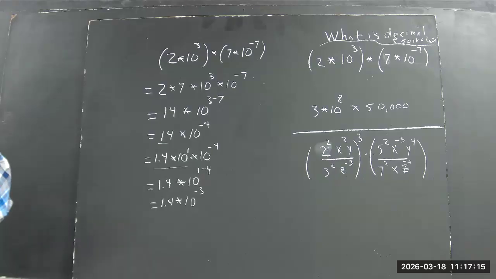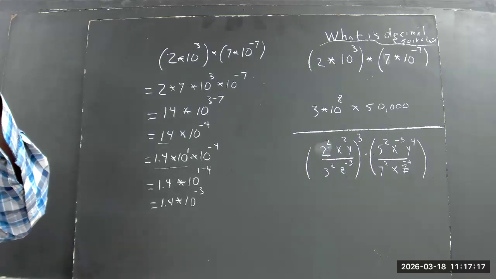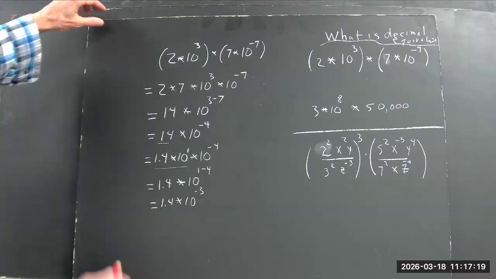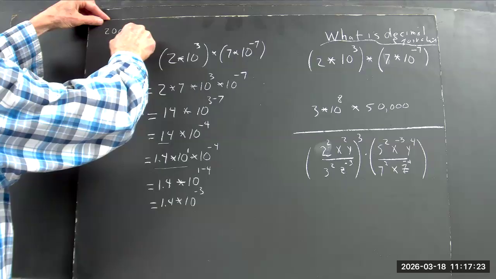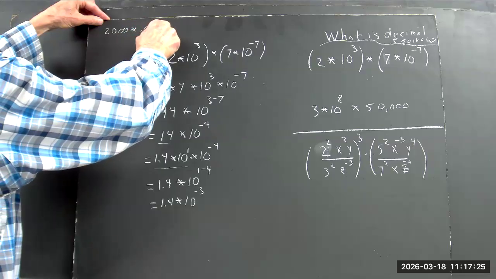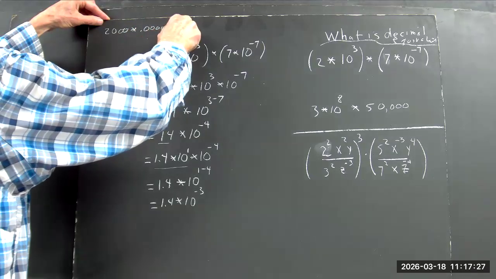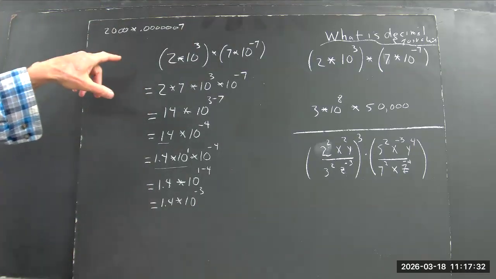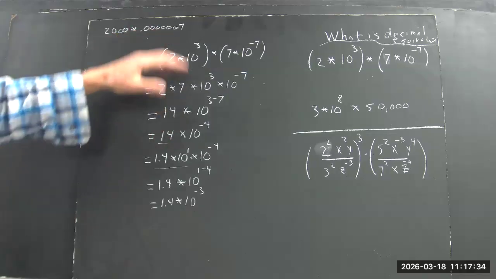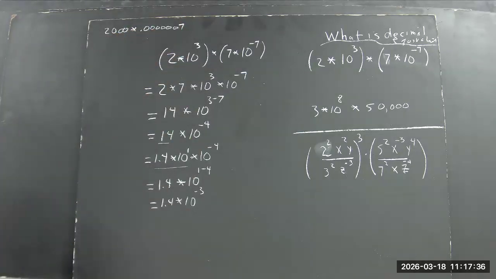The advantage is that you never have to write a number like 2,000 times 0.000007. We wrote, there are as many zeros in this as there are in pretty much the rest of the calculation, okay?